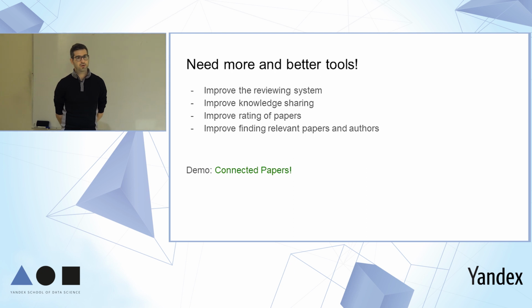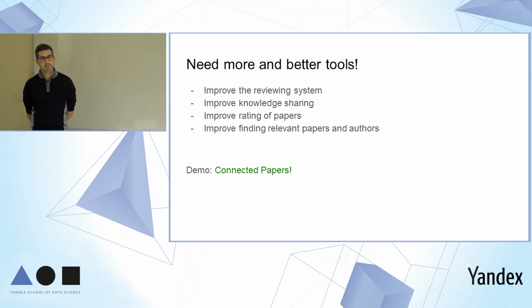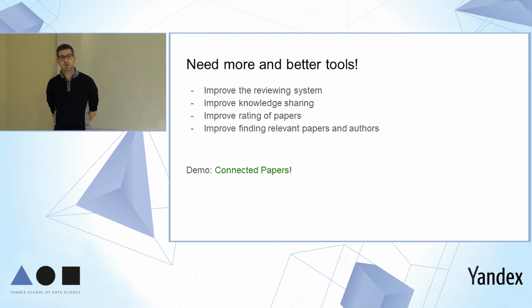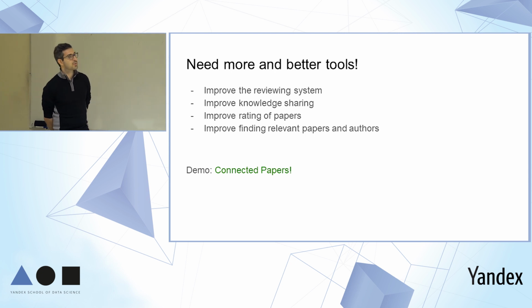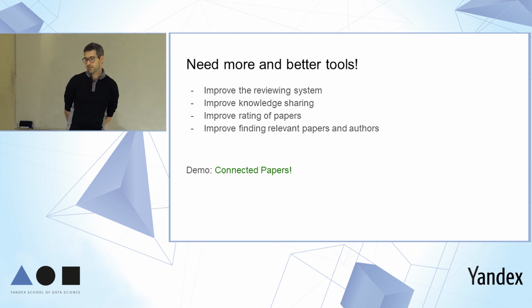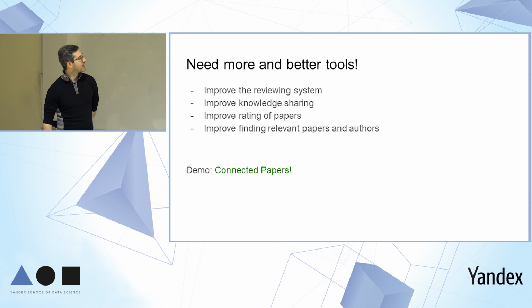So most of the votes are gone completely, and the people who are citing it don't necessarily mean that it's a good paper. They could actually be citing it saying it's a bad paper, but it still gets a citation. And sometimes if you don't cite a paper, the reviewer is going to later tell you, hey, why didn't you cite that paper, which by the way I wrote. So it's a very weak signal that I think we need to improve. And to improve how to find relevant papers and authors.